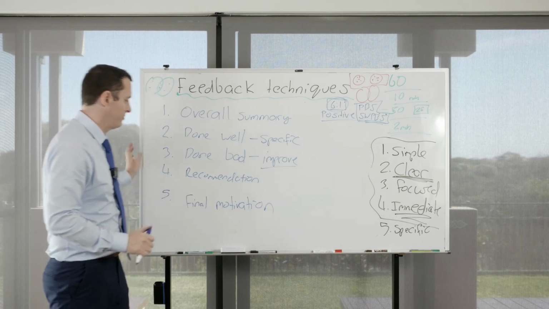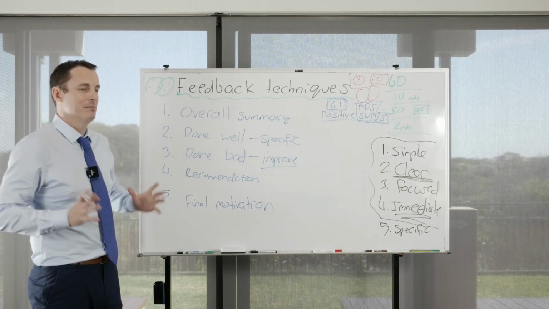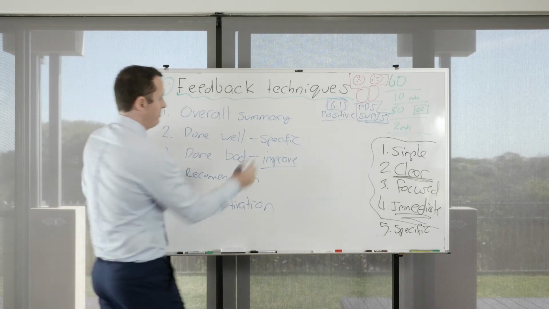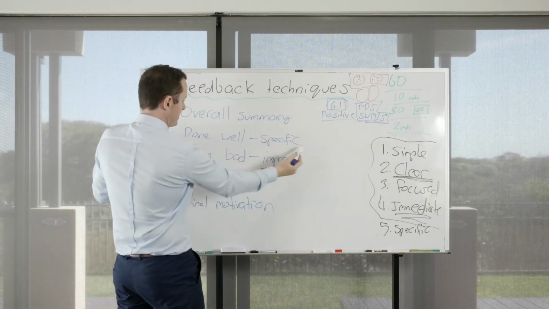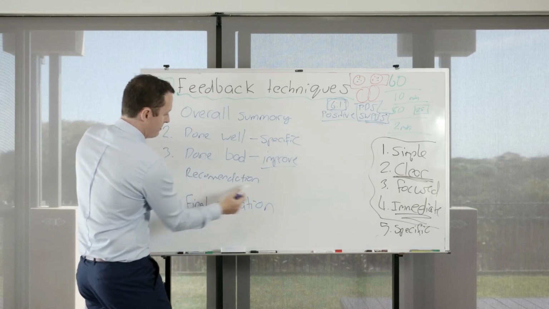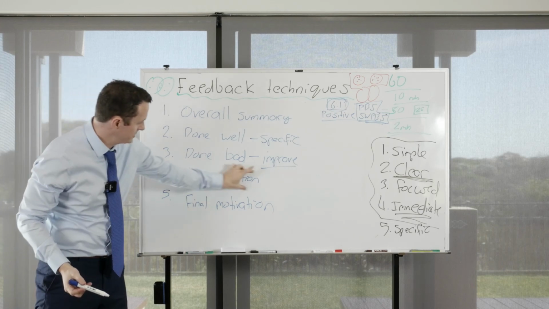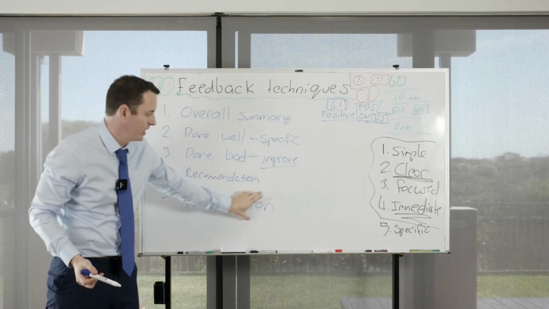So again, a final little motivation or something that becomes a bit more broad and is more future looking is really important. So this one is historical, this one is historical, this one is historical, this one is future looking, and this one here is future looking as well. So that's future looking specific and future looking more broad.